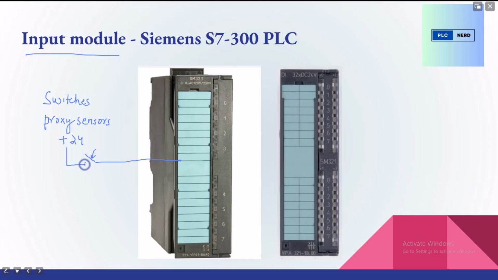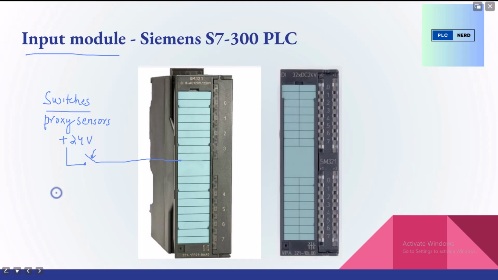Whenever I press the switch, the circuit is closed and the 24-volt signal will flow to the input channel of this digital input. Similarly, for devices that send digital data to the PLC, in this case, I used a digital module for explanation purposes only.